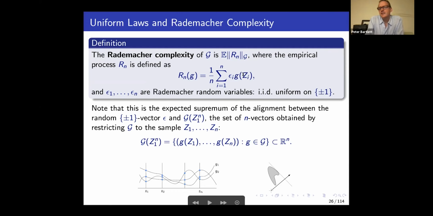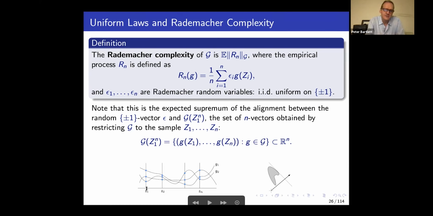Let's think about g evaluated at z1 through zn as defining a certain vector, right? So if you give me a z1 through zn, then we can think about the vector g of z1 through g of zn. It's a vector in Rn. And as I vary the function g across this class, I'm getting a set of vectors in Rn. Maybe it looks like this shaded area down here.